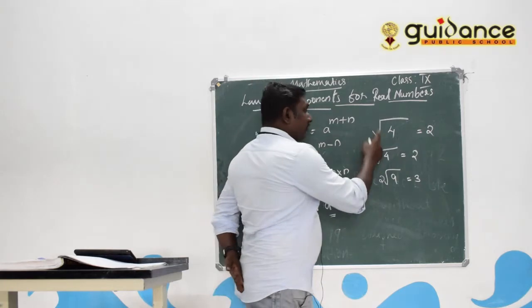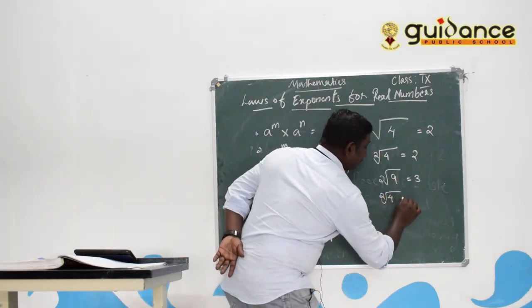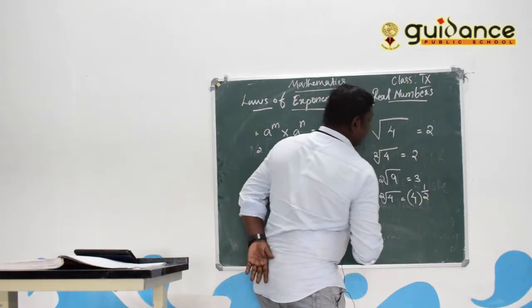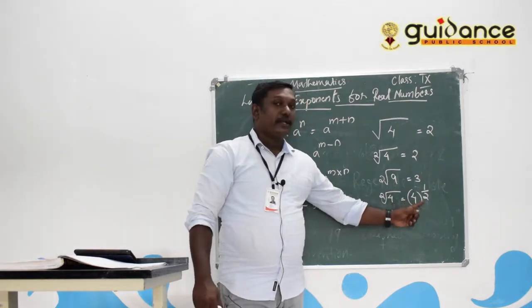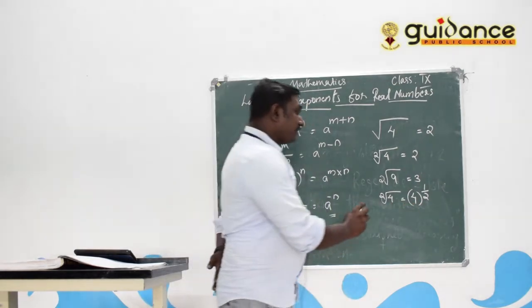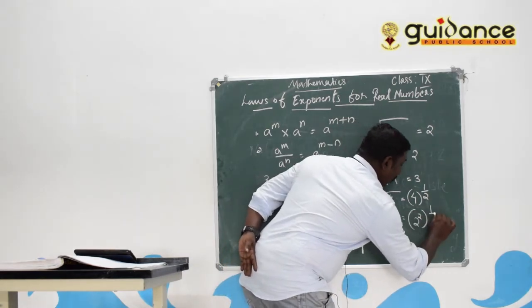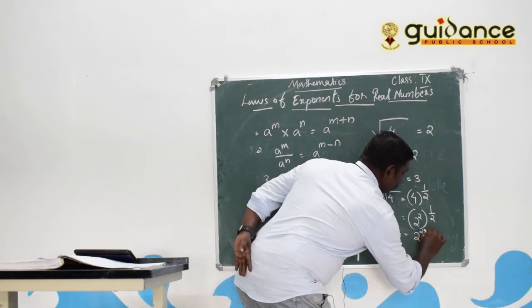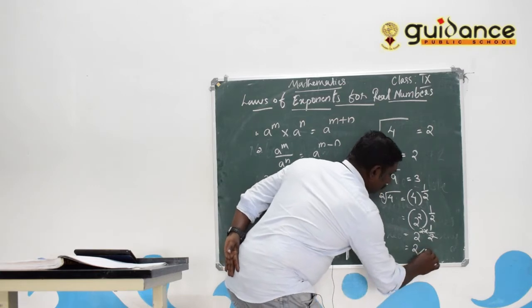So we can write the square root of 4 as 4 raised to 1 by 2. Actually it is 2 squared all raised to 1 by 2, which is equal to 2 raised to 2 into 1 by 2, and the 2 and 2 cancel. It is equal to 2.